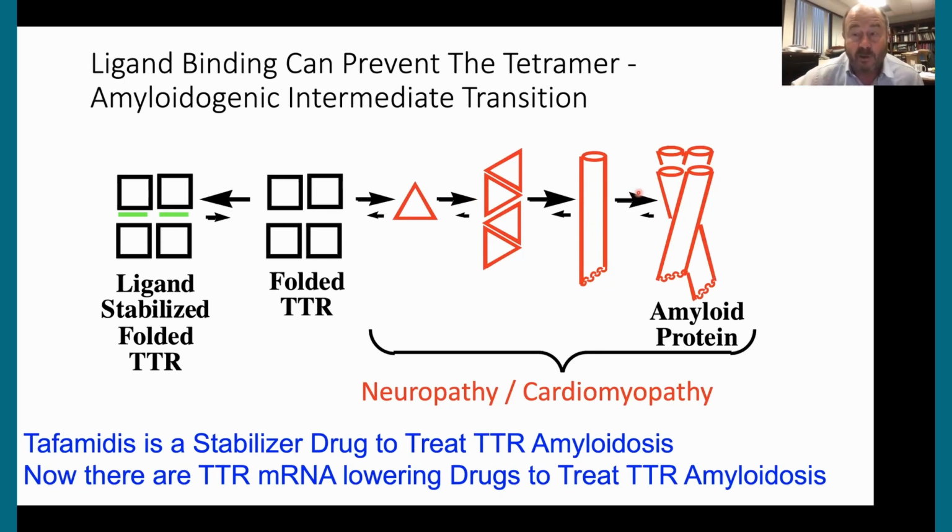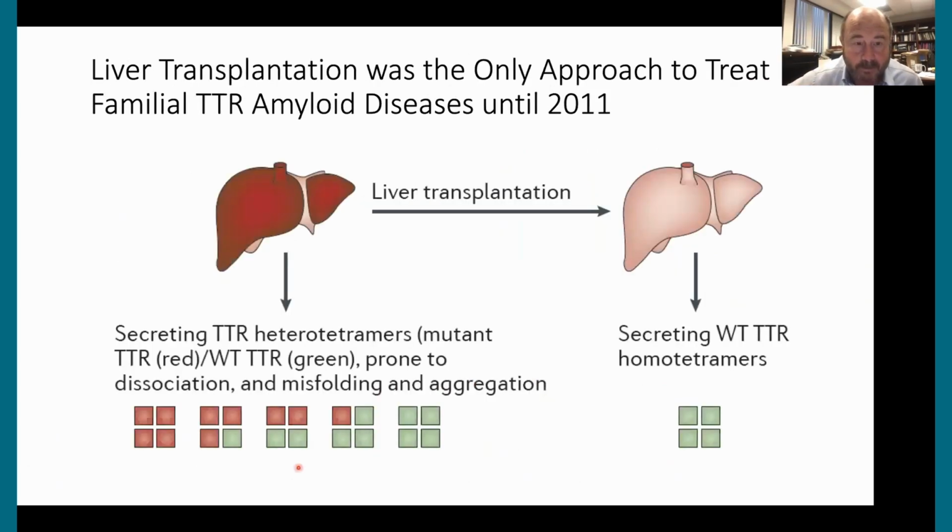And that's enough to stop the progression of the transthyretin amyloid diseases, no matter what the phenotype is, whether it's a cardiac phenotype or a neurological phenotype. And it probably prevents the onset of dementia as well, because we're fortunate in that tafamidis gets into the brain. And now there are many additional drugs that work for the transthyretin amyloid diseases that lower the concentration of transthyretin below the concentration that can aggregate.